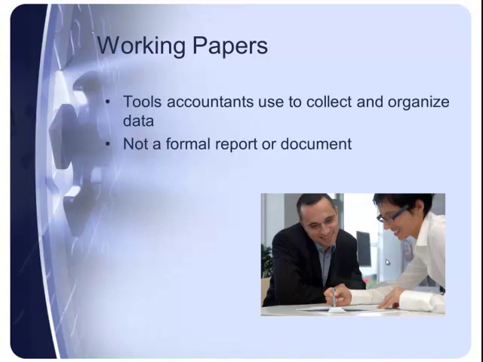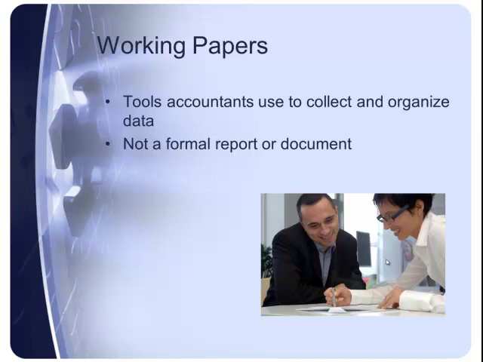All right, so first a couple definitions. Working papers are tools that we use to collect and analyze data. They're not formal documents. They're not going to show up in those annual reports. This is just what the accountants use to crunch their numbers. And the trial balances that we've been doing, those are working papers.